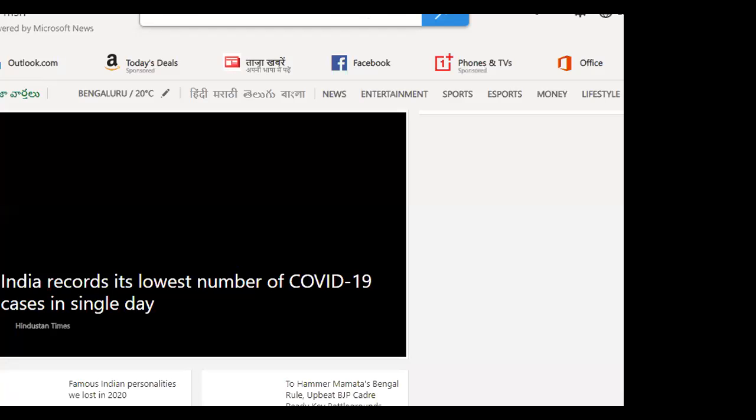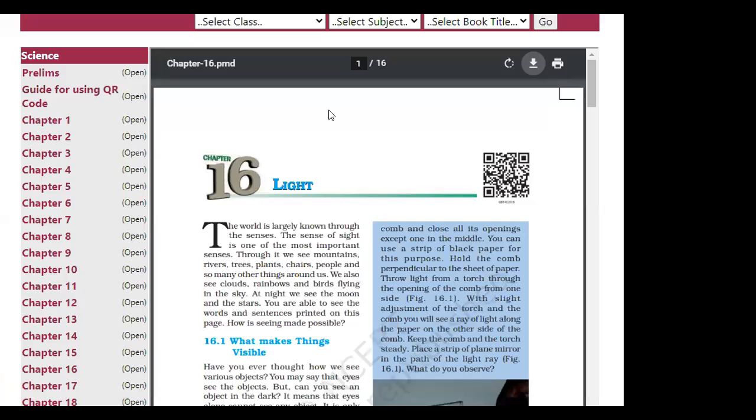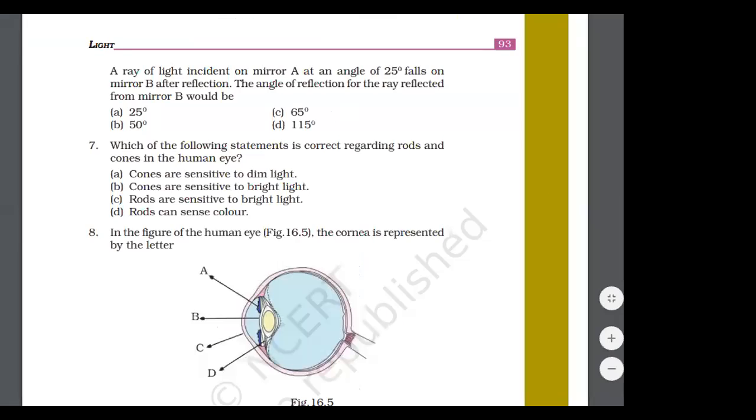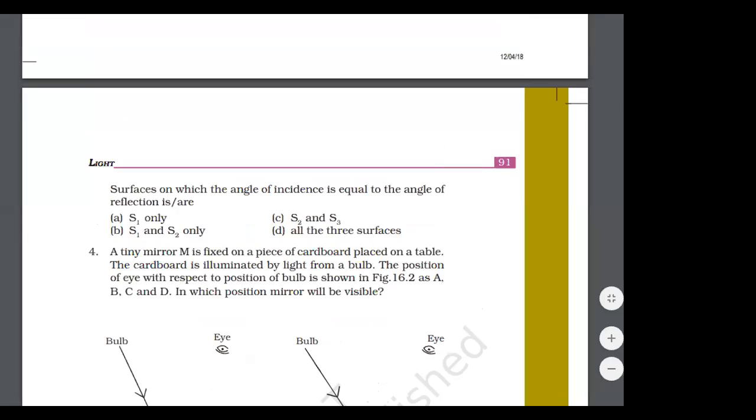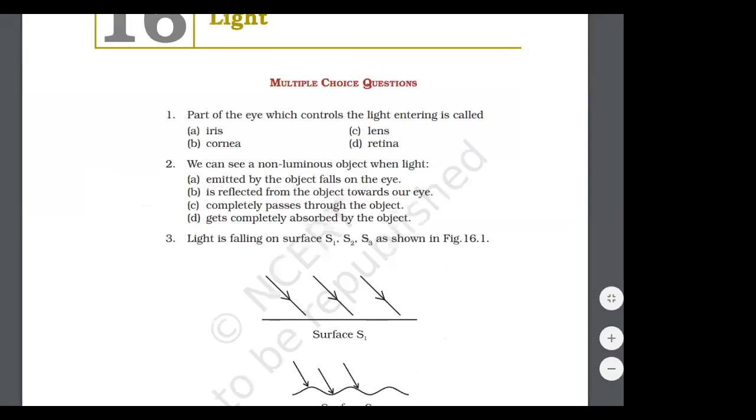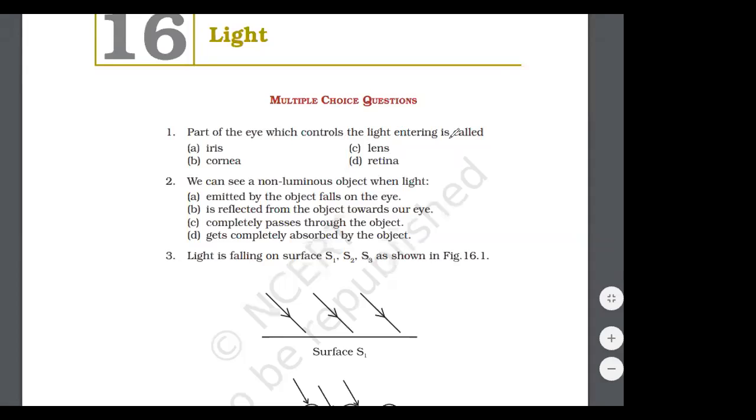Now think about it. Let's have some more problems. Let's try to discuss each and every concept. I hope all of you understood this chapter thoroughly. We have discussed lots of problems now. Let's discuss these last practice problems. Now tell me, the part of the eye which controls the light entering is called.